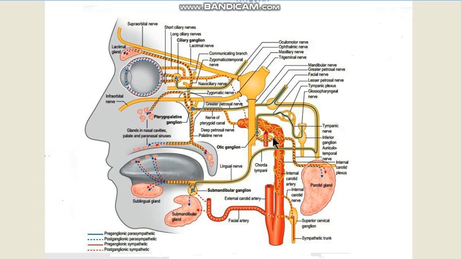And this auriculotemporal nerve emerges behind the neck of the mandible, enters the parotid gland and supplies the parotid gland with secretomotor fibers. And again you can make out this sympathetic nerve net around the internal carotid artery. A similar nerve net exists over the external carotid artery, which again terminates inside the parotid gland. So this is the mechanism of the nerve supply of the parotid gland.